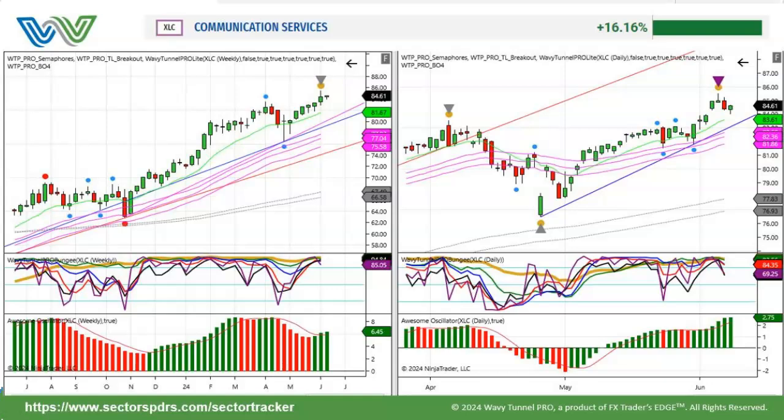So let's have a look at XLC, and we can see my cursor is on the start of the year, start of 2024. And once we broke through these market highs, we haven't really looked back.